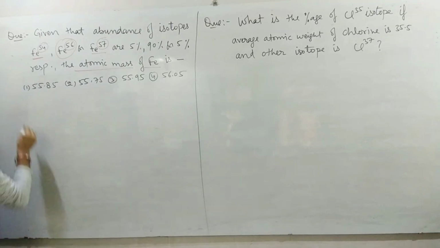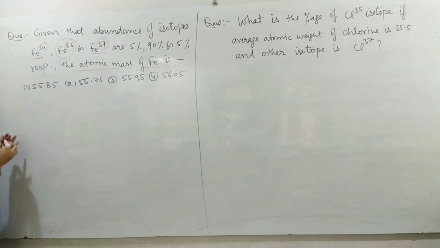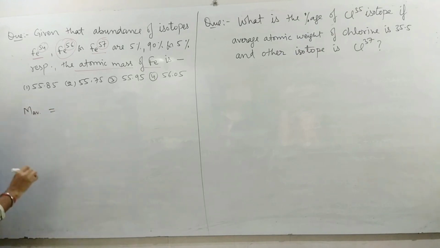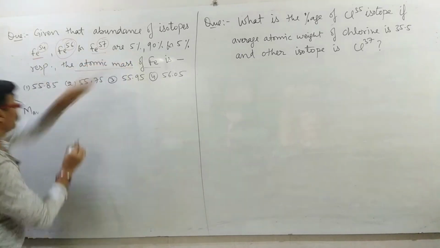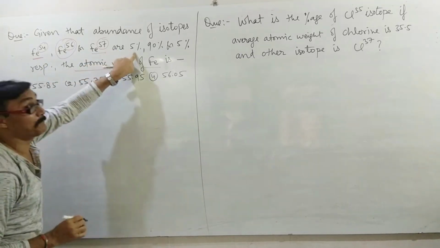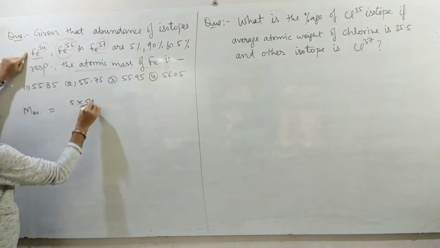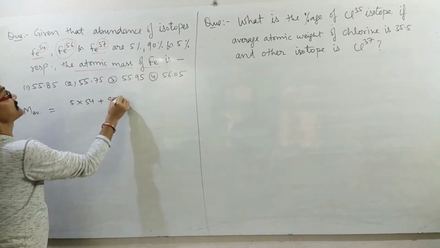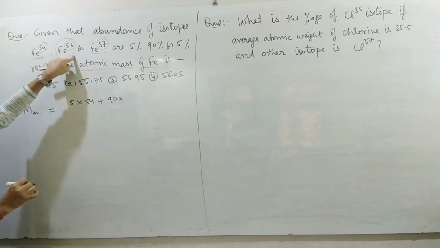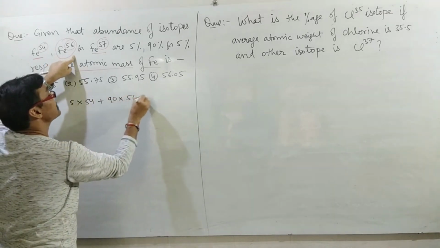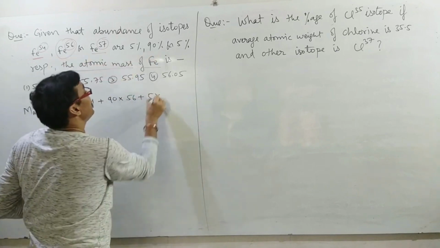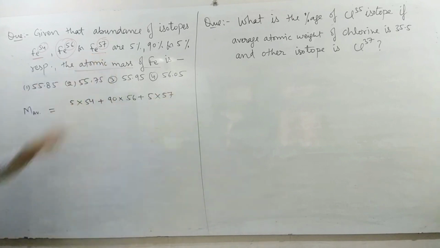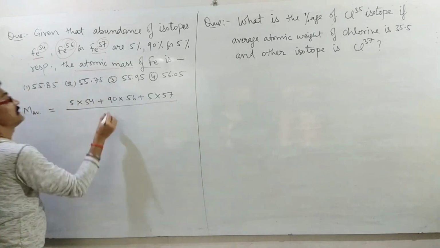So, according to the formula, average atomic mass is equal to the percentage abundance of one isotope, that is 5%, multiplied by its atomic mass 54, plus the percentage abundance of another isotope, 90%, multiplied by the mass of that isotope 56, plus 5 into the abundance of this isotope, 5, and atomic mass 57, divided by the total, 100.